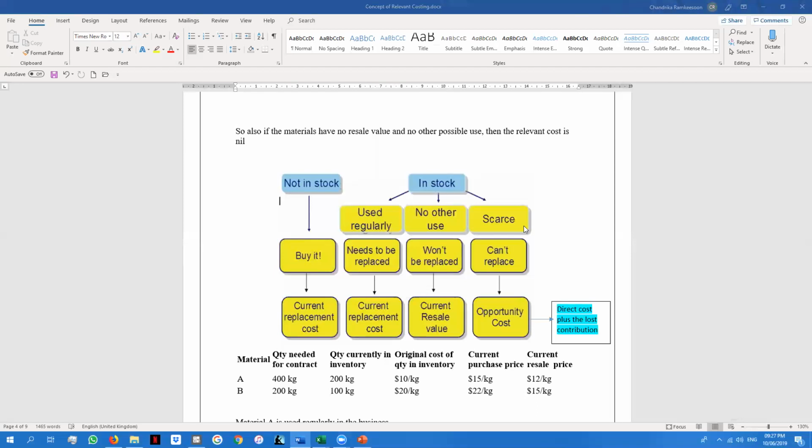The total relevant cost of the material includes an opportunity cost plus the normal direct cost of the material. In other words, what we would usually pay for the material, as well as what we are losing out on by using the materials on the special order rather than using it on our normal production contribution.